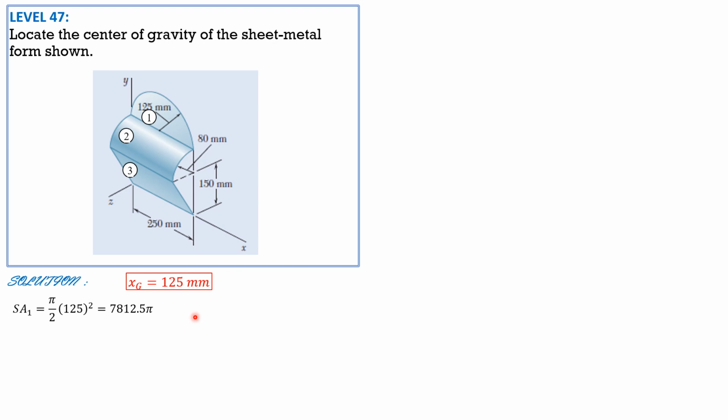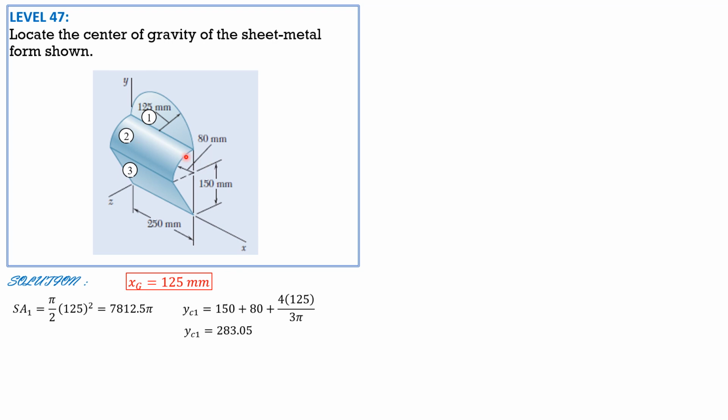Its y sub c1 is 150 plus 80, 230, plus the location of the centroid of a semicircular plate from the diameter, which is 4r over 3 pi. So 150 plus 80 plus 4 times 125 over 3 pi, y sub c1 is equal to 283.05 mm.